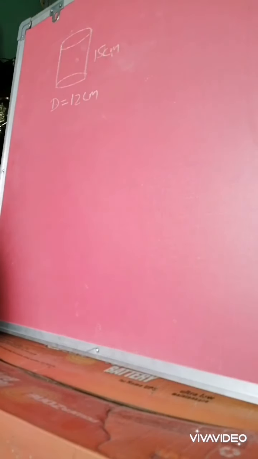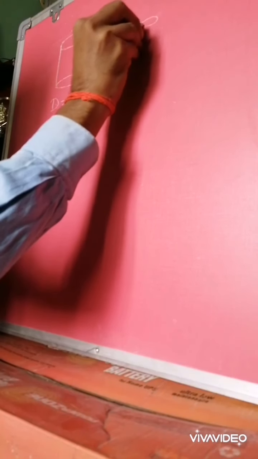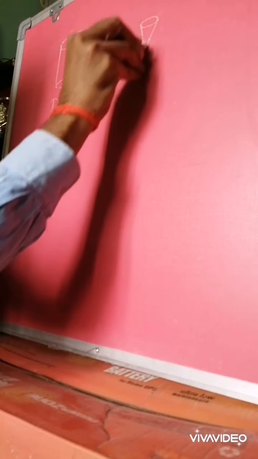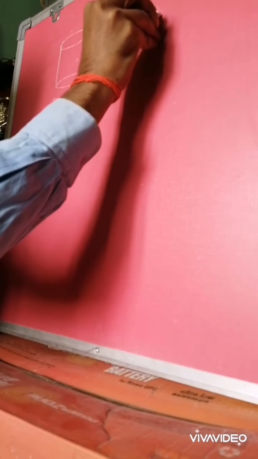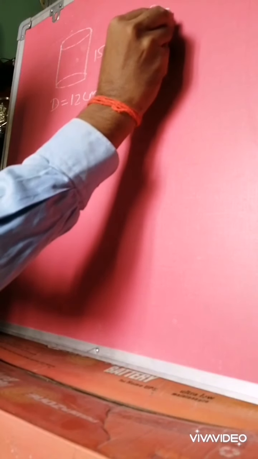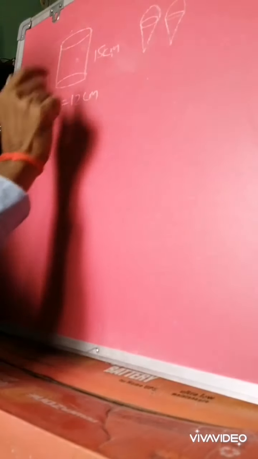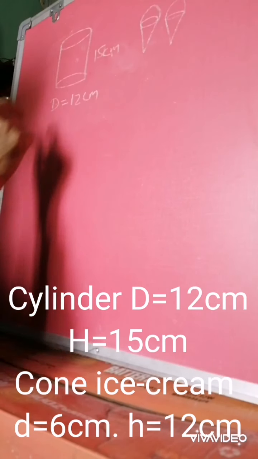The ice cream is to be transferred into cone shapes, cones with a hemispherical top. So a few such cone ice creams are to be formed with the ice cream in the container.